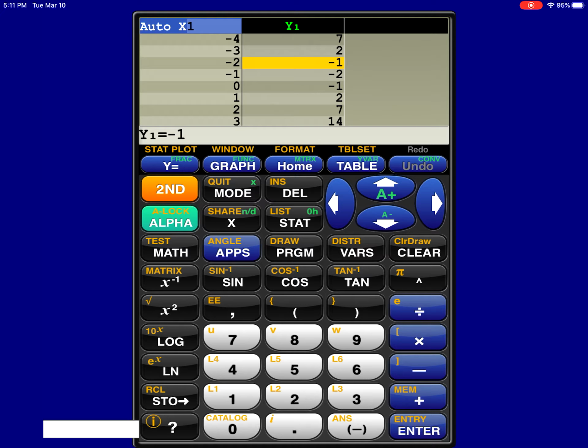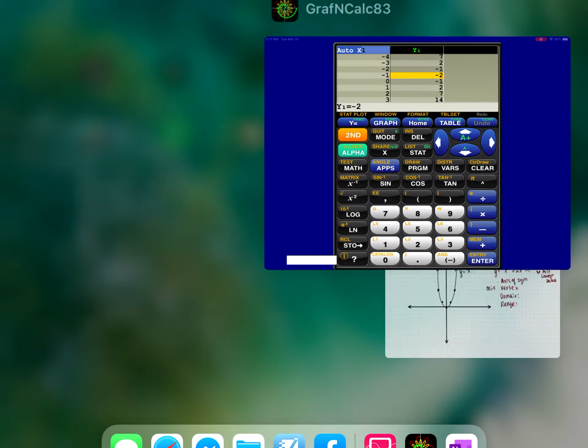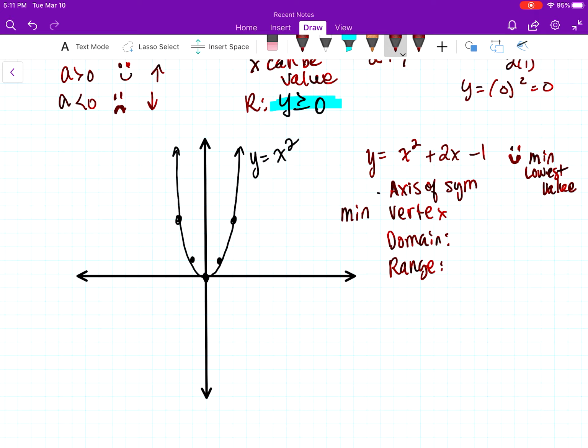Well, I have 2 here, -1, -1, 2, 2, 7, 7. Okay? Those are what we call symmetric pairs. The point -1, -2, that's the vertex. And I know it's the vertex because that's the point that will not have a symmetric pair. It's the only one that won't have a y value that repeats.